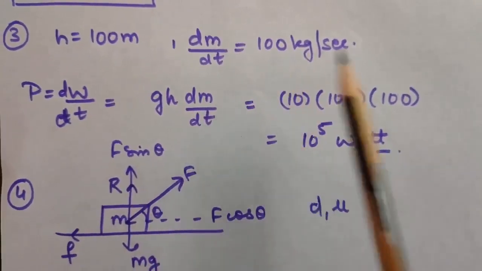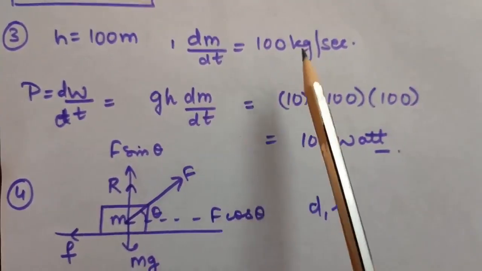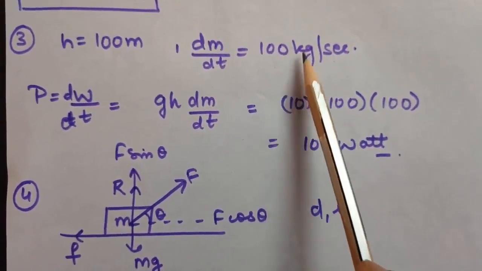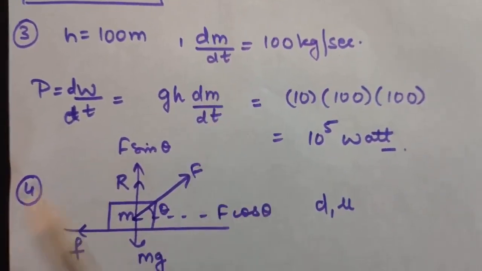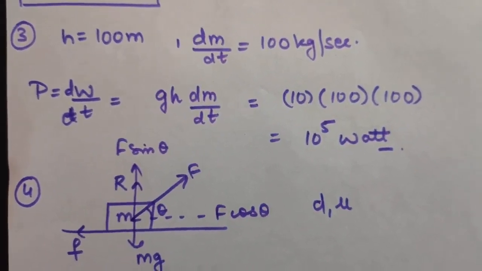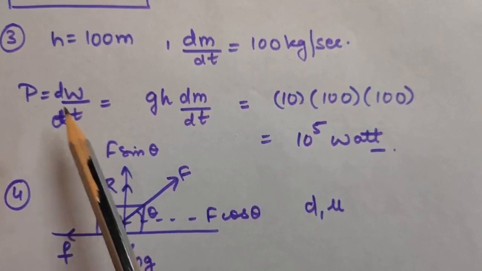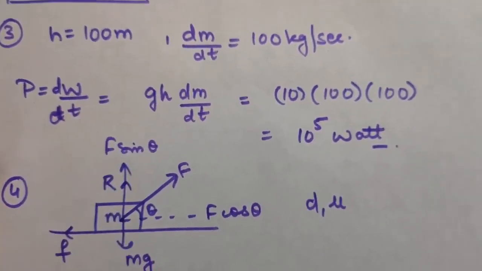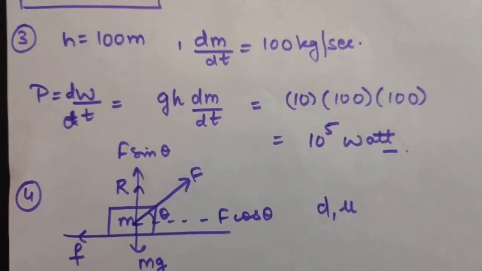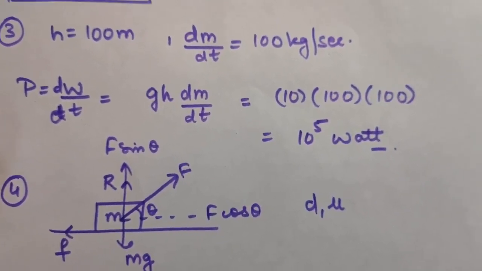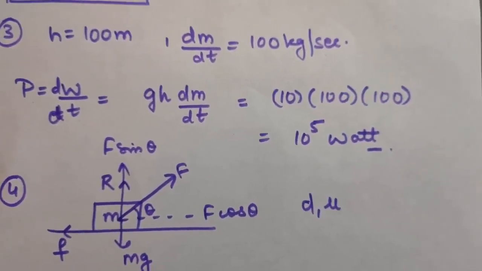Okay, so the third question says water is falling from a height of 100 meters at a rate of 100 kilogram per second. See the units, they are kilogram per second, that is you are given dm by dt. You have to calculate what is the power delivered. Now you know power delivered is work done upon time taken, that is dW by dt. If the water is falling from a height h, work done will be mgh by gravity, because force is mg and the distance traveled will be h.